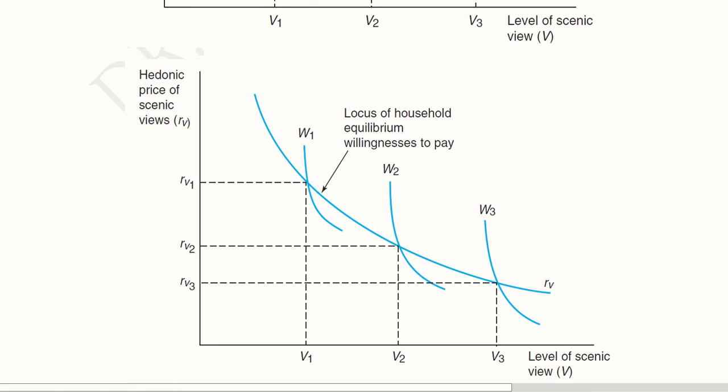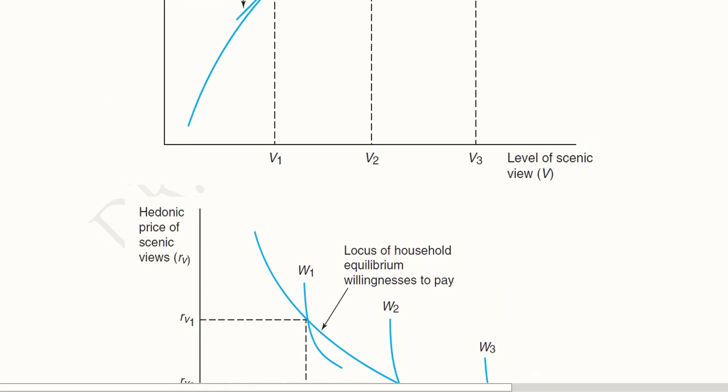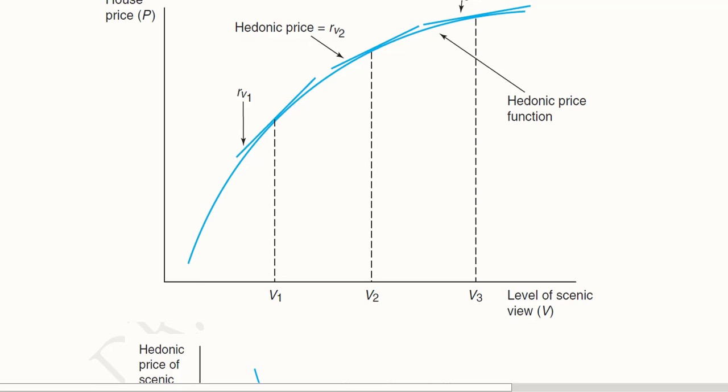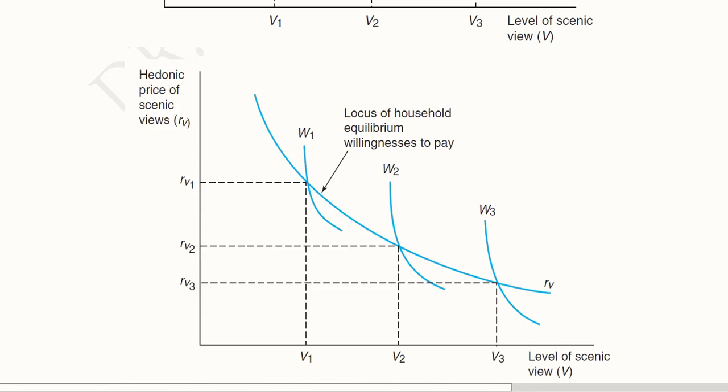But if I assume that the slope is constant, for example, if it is a straight line, the slope will be the same, which means that there will be a straight line in the hedonic price for scenic views, which means that at different levels of views, the hedonic price will be the same. That can cause difficulty in our understanding of the process, because this is not realistic.